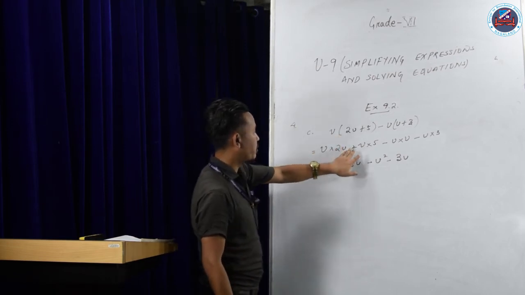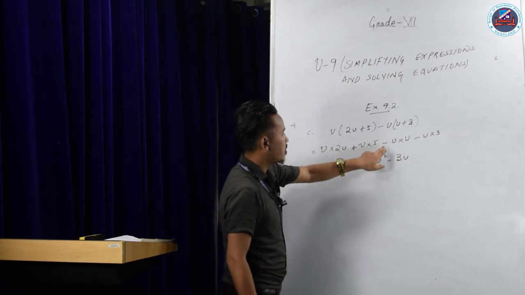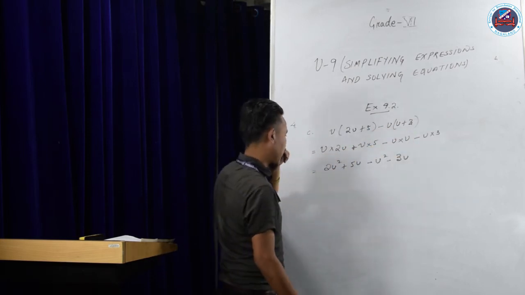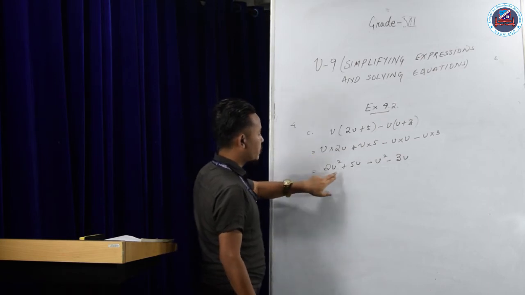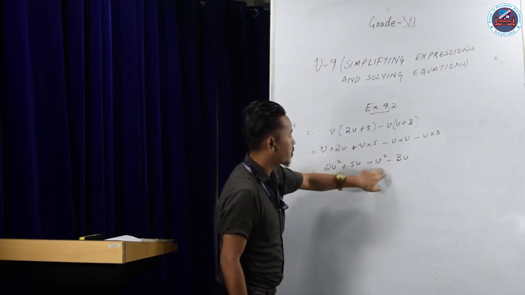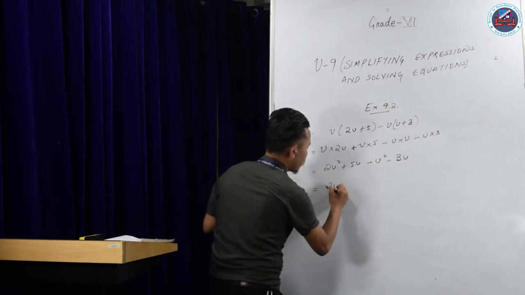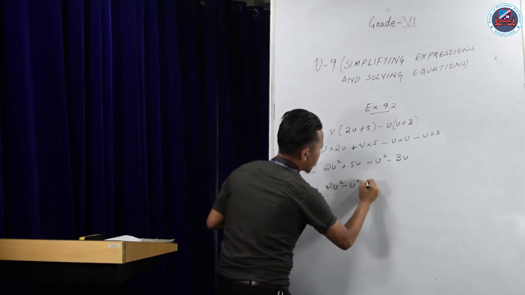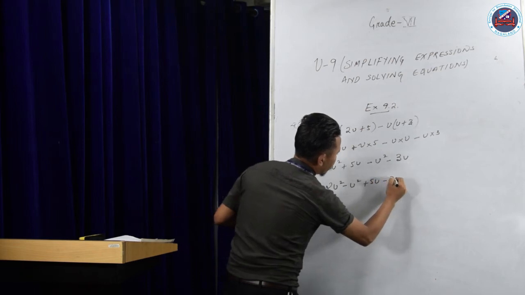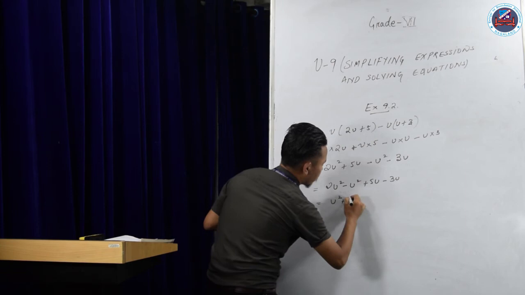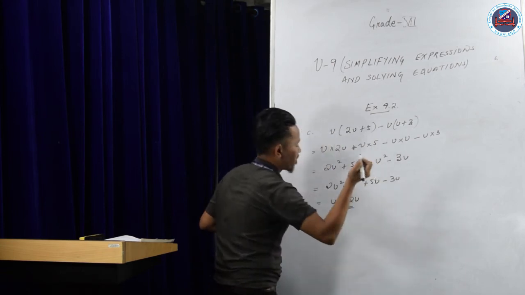This gives us 2u squared plus 5u minus u squared minus 3u. So let's bring the like terms together. That is 2u squared minus u squared plus 5u minus 3u, which gives us u squared plus 2u. That's it.